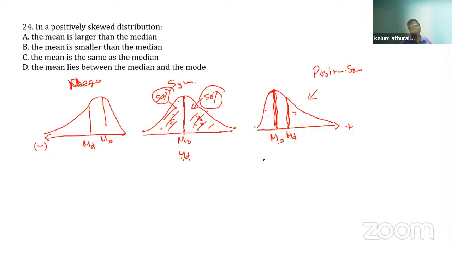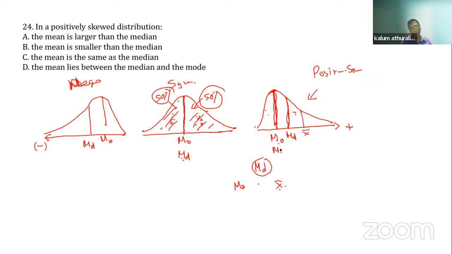Then the median value is in between mode and X bar. If the distribution is skewed, the median value is in between X bar and mode. Then here is mode, here is median, X bar should be here.